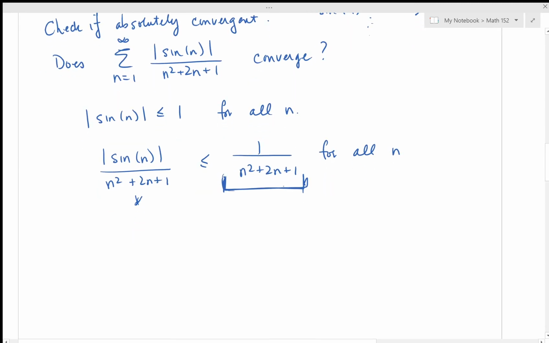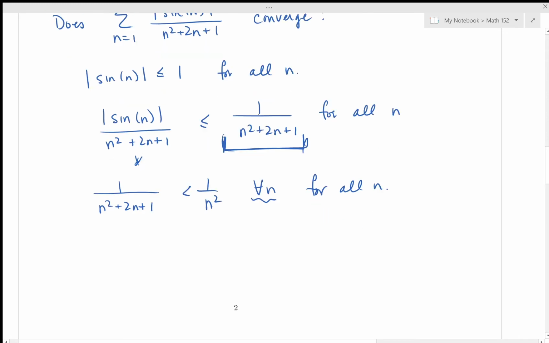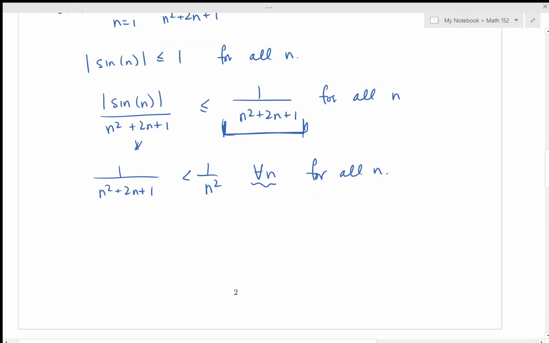If I look at this thing here, I can say that 1 over n squared plus 2n plus 1 is less than 1 over n squared for all n. Let's keep this chain of logic going: 1 over n squared is convergent. Why? It's a p-series.